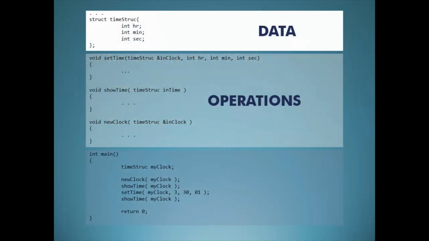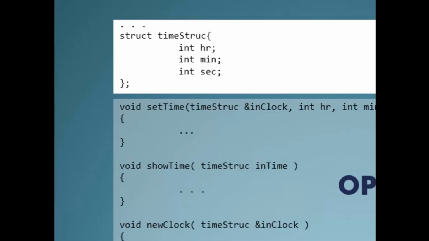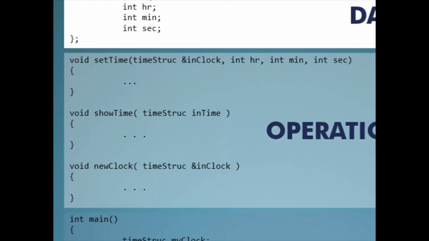So this first code example is a single file. And so you see that I define the time data structure at the top. That is my data element. Now all of my operations will enable me to work upon that structure in particular because they know how that structure is formed.